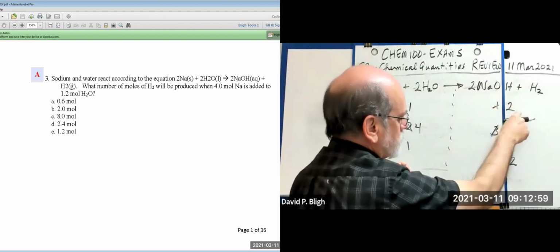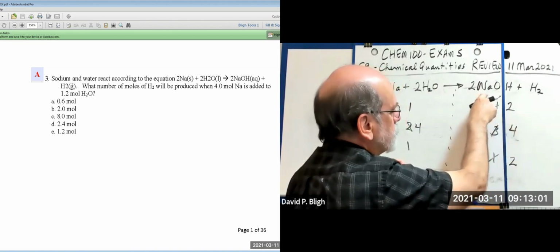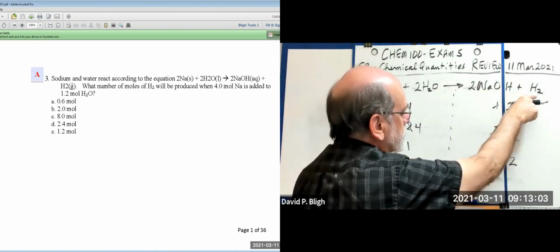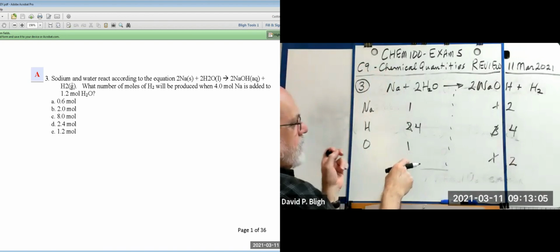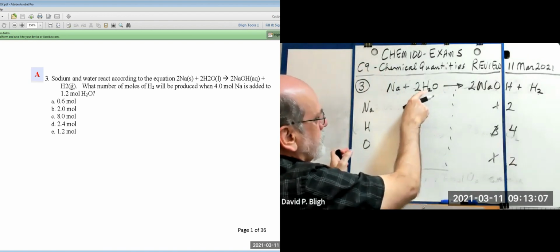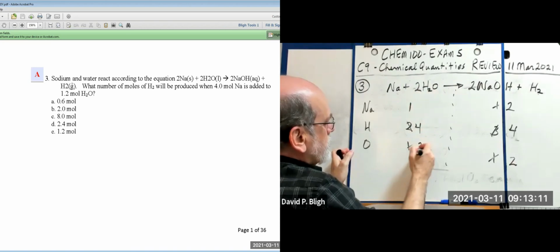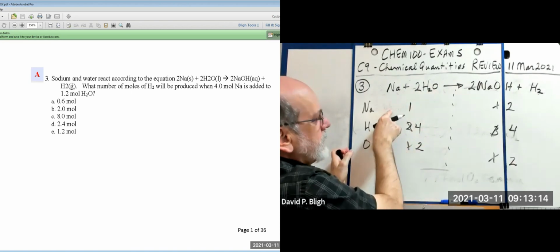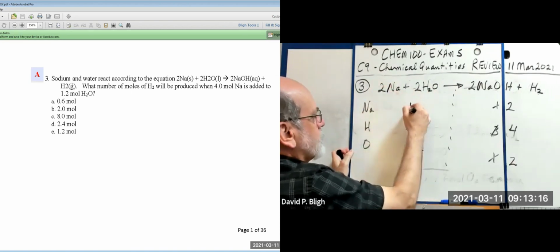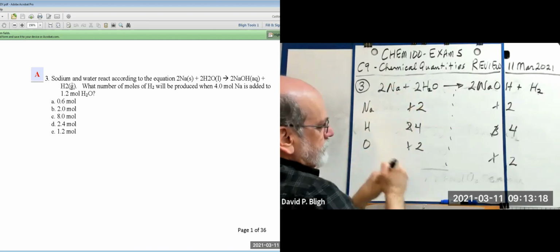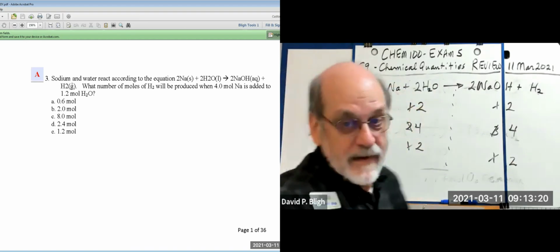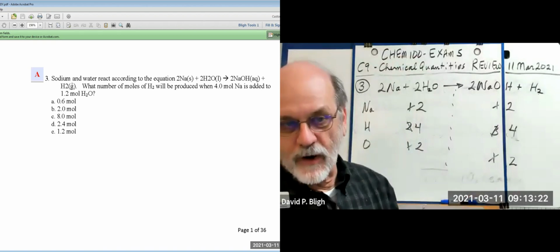there we go, 2, 6, 7, 8, 2, 4, 6, 7, 8, okay? And on this side, we need 4 hydrogens, got that, 2 oxygens, and we need 2 sodiums. Okay, so it was balanced after all.